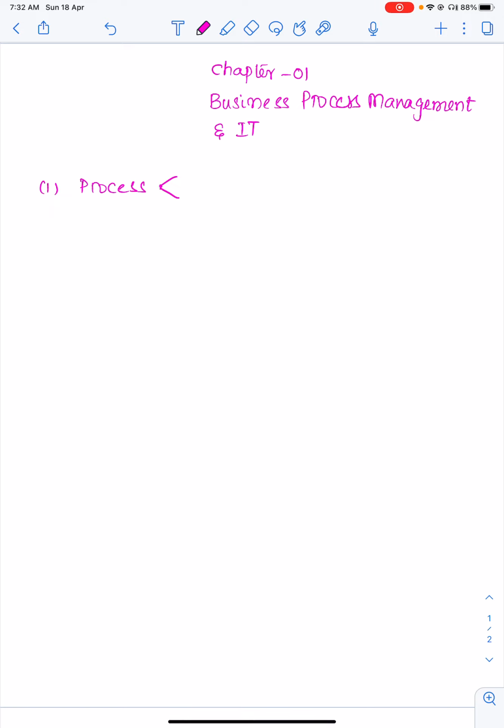business process management and information technology. Now in this particular chapter we'll study first, what is the definition of a process. This process definition we'll study from two perspectives. First one from engineering perspective, second from business perspective. Second, we'll study about business process.